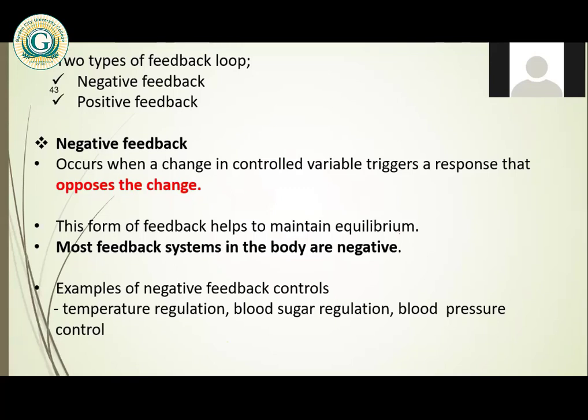I've given a couple of them as examples, but you can read more about the various examples of negative feedback mechanisms that the body uses to maintain some variables. The few examples we are going to discuss are temperature regulation, blood sugar regulation, and blood pressure control.